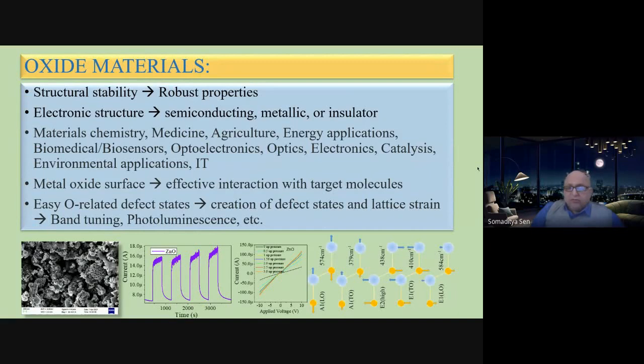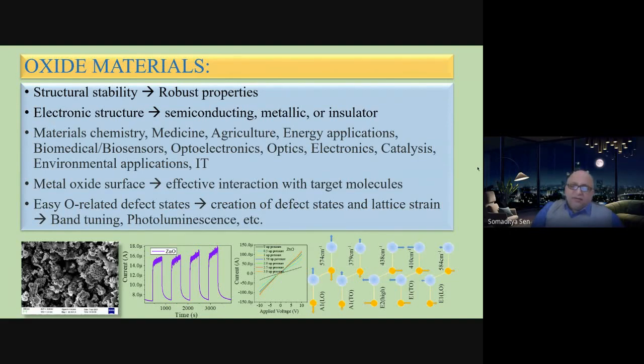It is even used now in IT, information technology. Now, what makes oxides very interesting is the effective interaction of the target molecules on the metal oxide surface. Okay, so there are lots of properties and functionalities which can be generated from these surface activated things.